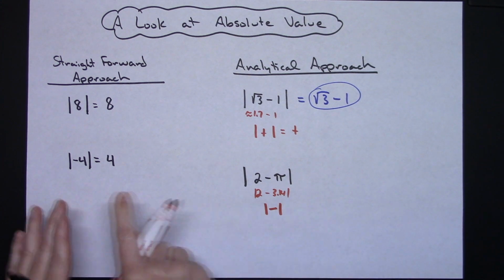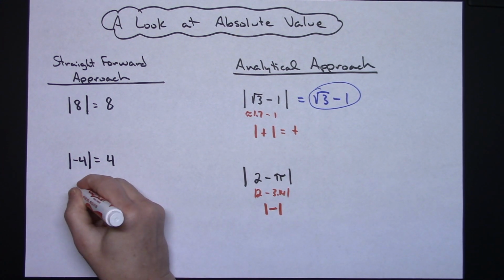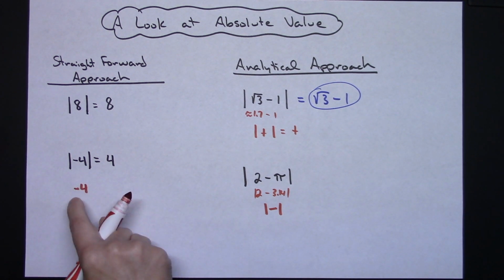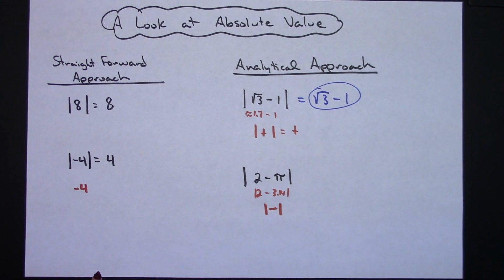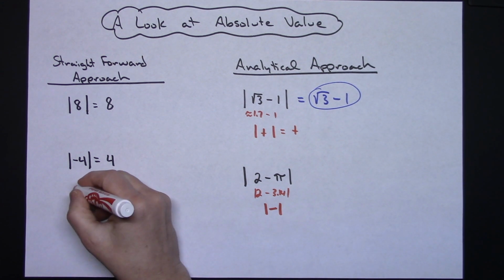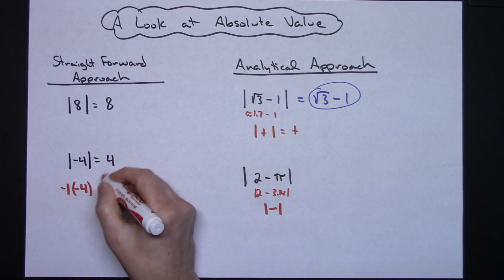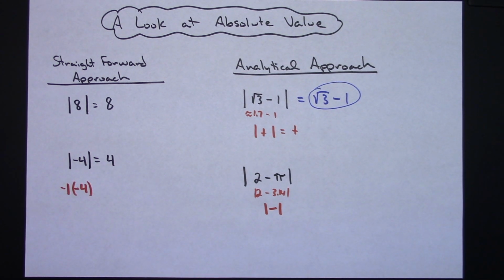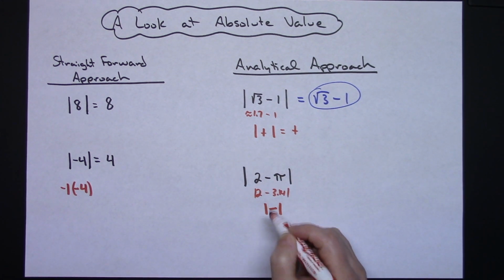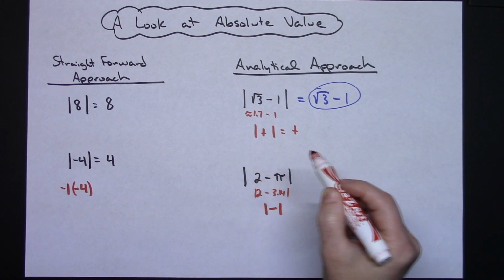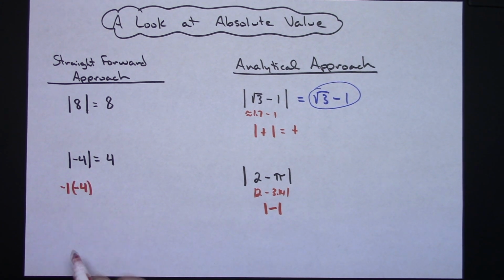Let's come back over here and take a look at this for just a minute. If I started with a -4, how can I get to a positive 4? You would multiply it by a -1, because a negative times a negative gives me that positive 4. So if I know that what's on the inside is negative, then to make it give me a positive answer, which is what I need, I can multiply it by a -1.